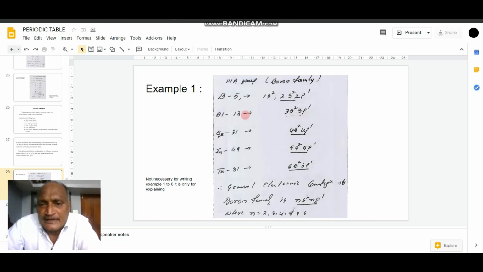1s2, 2s2, 2p6, 3s2, 3p1. Again, in aluminium, the last electron is entering into 3p subshell as 3p1. Hence, aluminium is also a p block element.